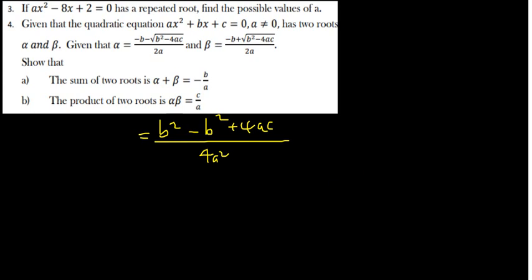So from here we can see the 4 will cancel with the 4, and one a here will cancel with one a there, so one a is going to remain. So we're going to remain with c over a. Hence shown. So there is the product.